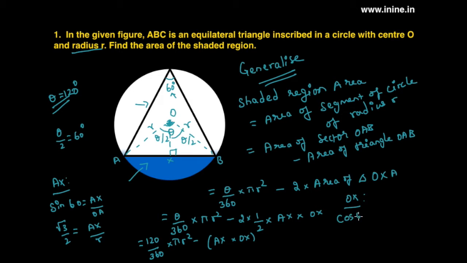So cos 60 equal to OX by OA, which is 1 by 2 equal to OX by r. So substituting these two values, you can write pi r square by 3 minus root 3 by 2 r into 1 by 2 r. So the final answer you will get in terms of r on simplifying this.